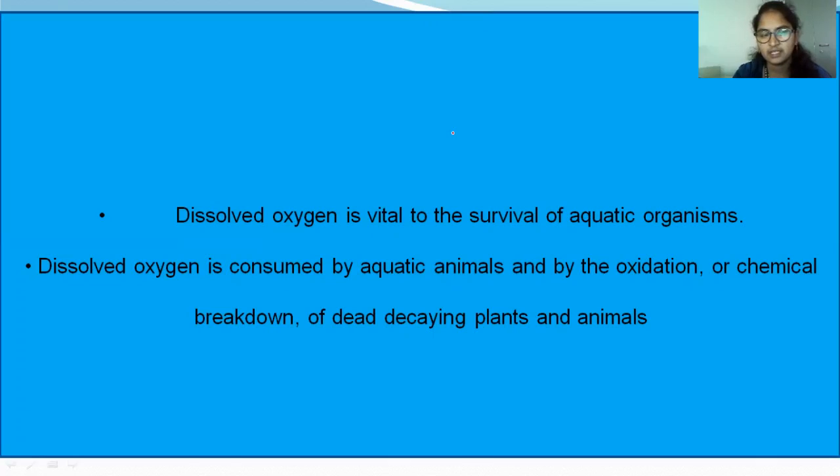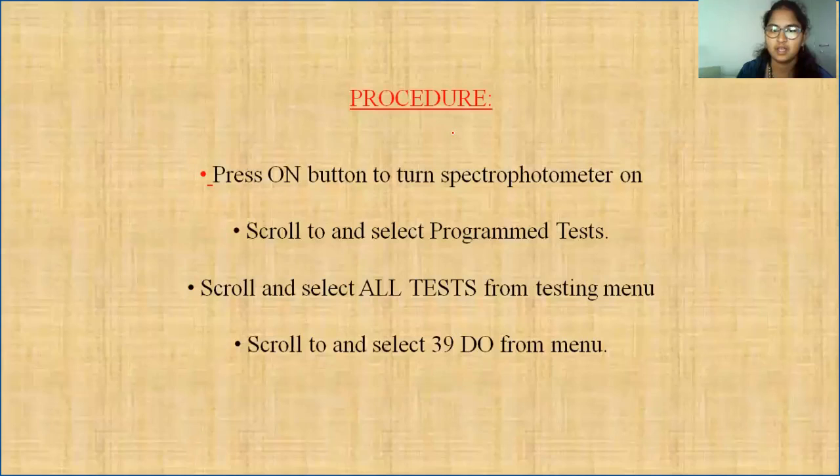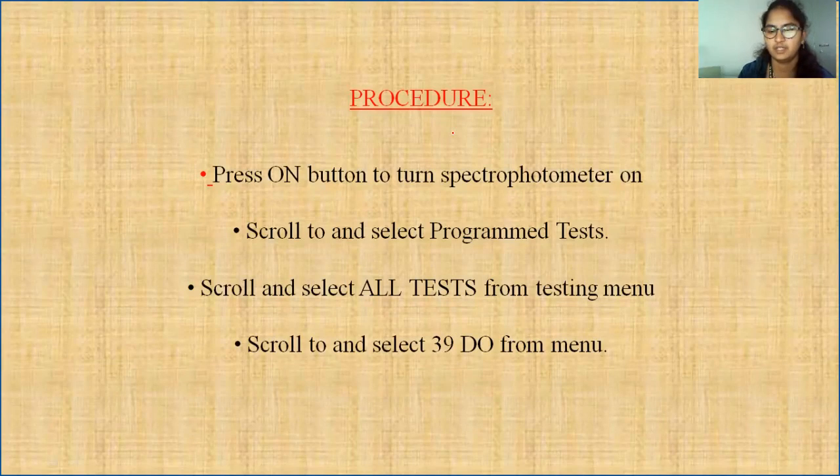Generally normal water is 5 to 9.5 mg per liter, warm water 5 to 6, and cold water 6.5 to 9.5. So this is the general description of dissolved oxygen. In this session, we are discussing the photospectrometer.